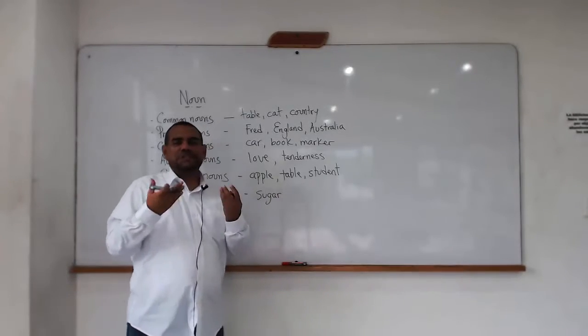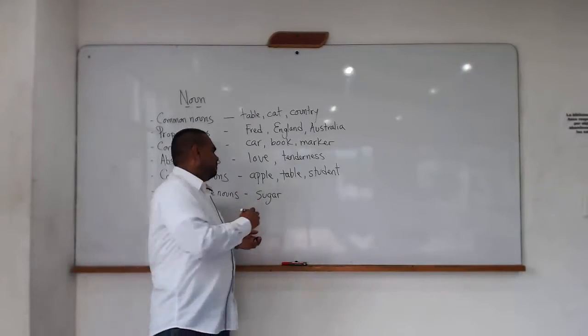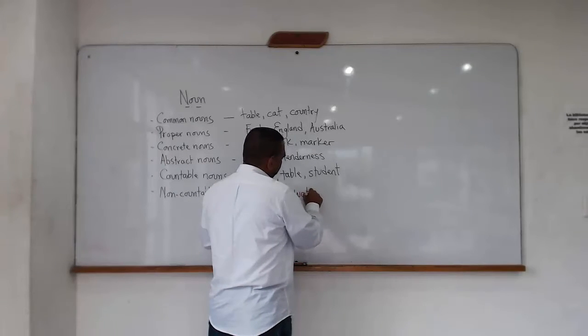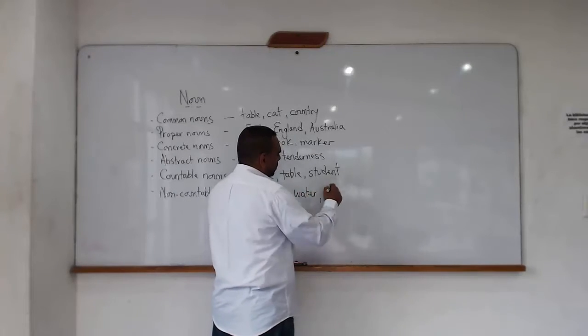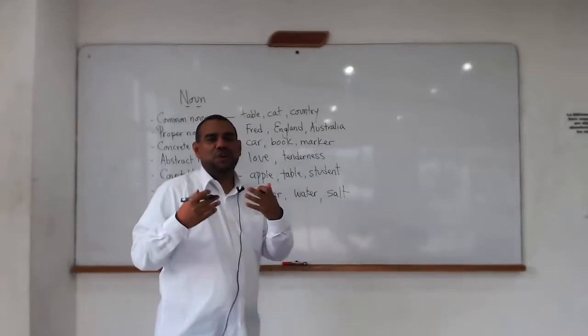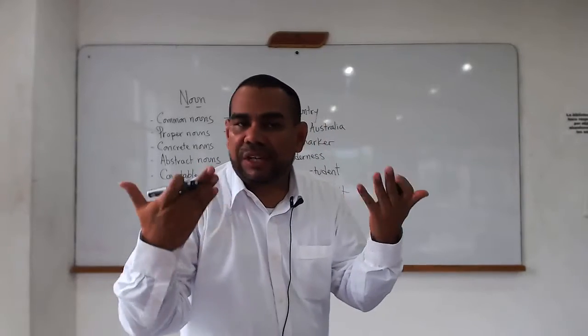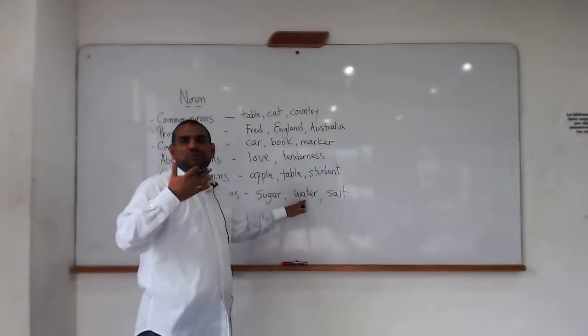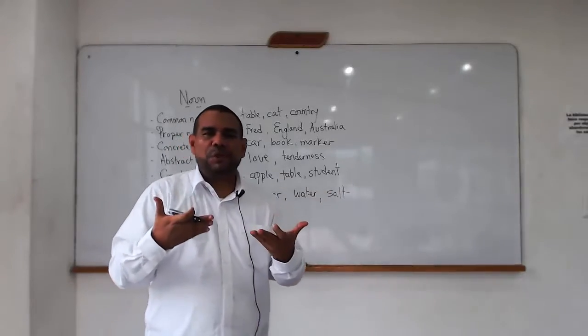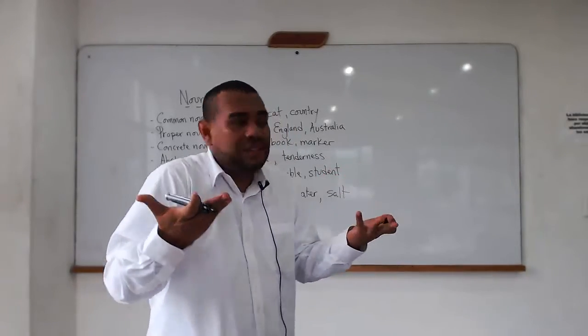That is a non-countable term. Another one, for example, is water. Another one, for example, is salt. We cannot say 1 water, 2 waters, 3 waters, okay? No, because numbers are not directly associated to them. And salt, the same situation, we cannot say 1 salt, 2 salts, etc.